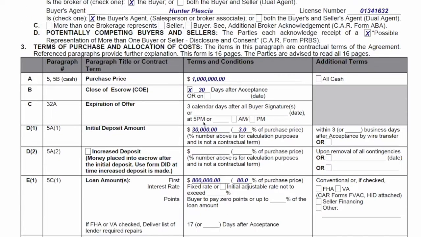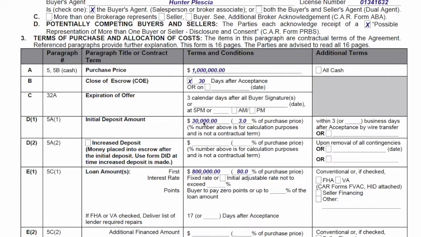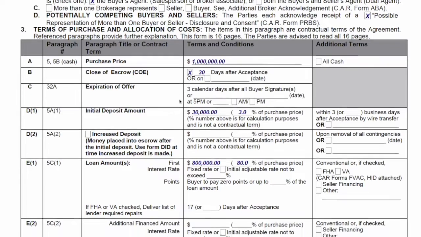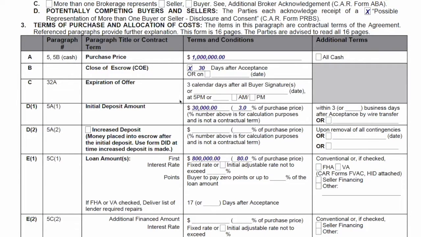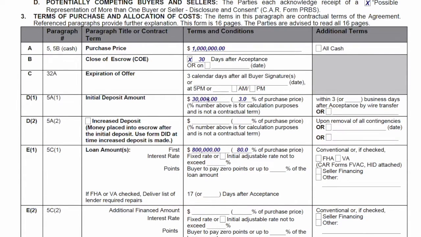Now we arrive at the terms. All right, so keep in mind, this offer is structured in a way where it's essentially 2 parts. You have this matrix or grid, as I like to call it, that has all the terms that are extracted from the ocean of text that the old offer used to be, because this was changed December of 2021.